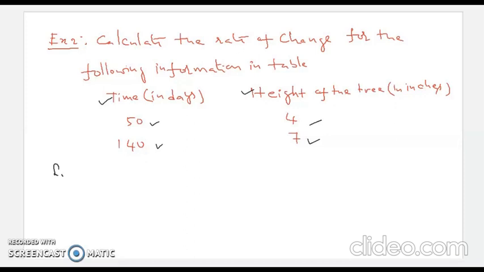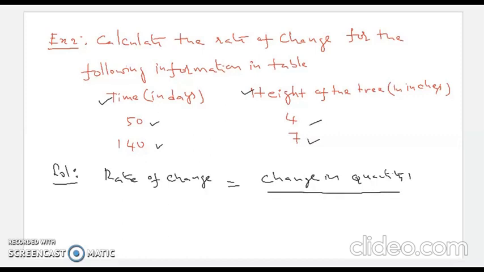So coming to the solution. What is the basic formula for rate of change? Yes, change in quantity 1 by change in quantity 2.